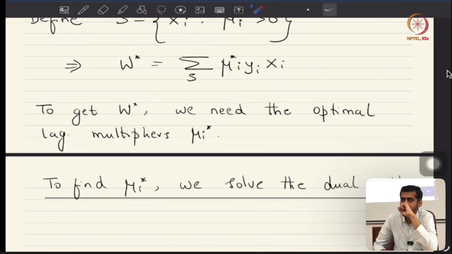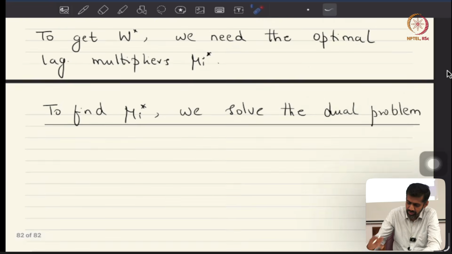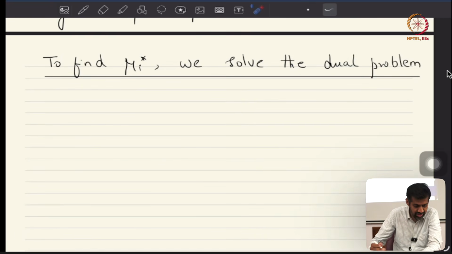You might have heard of the name Wasserstein GAN or W-GAN. Optimal transport is an optimization problem, and most problems in optimal transport are solved in the dual domain. So this duality is an important idea there. We have to solve the dual problem to find the mu star.